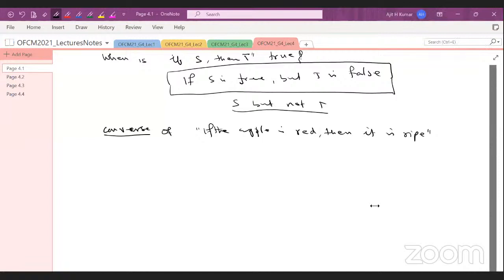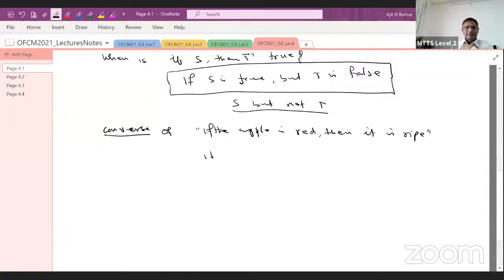Yeah, correct. So see, it is if S then T. So what will be the converse? If T then S. So it is: if the apple is ripe, then it is red in color. Let me write this.